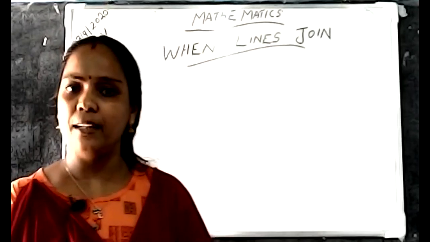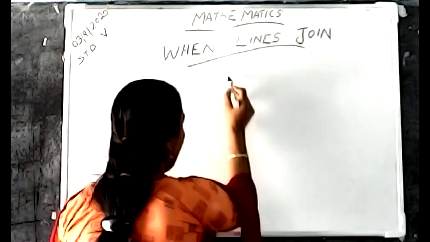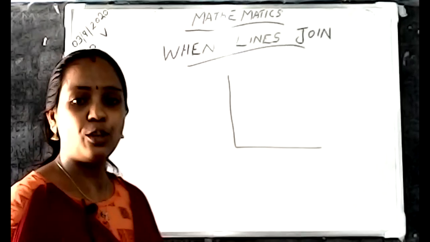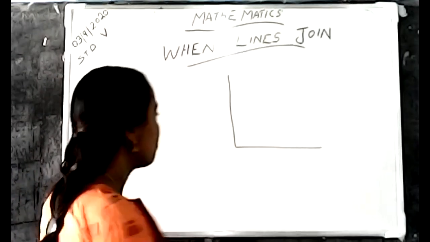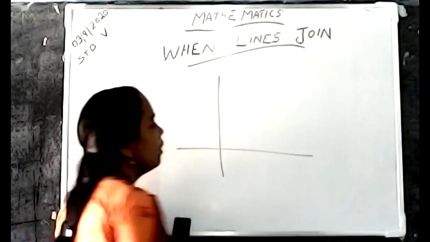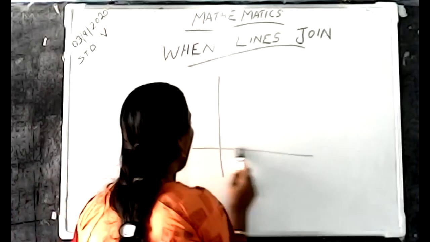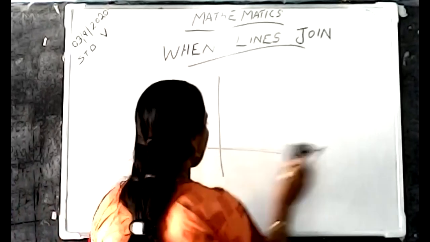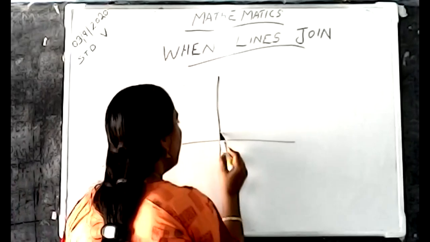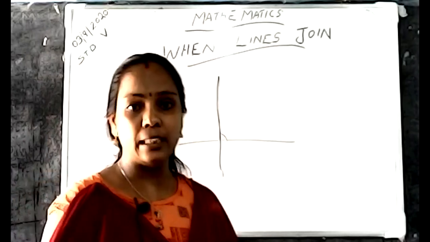When lines join, what happens? When two lines are joined, that time they form an angle.